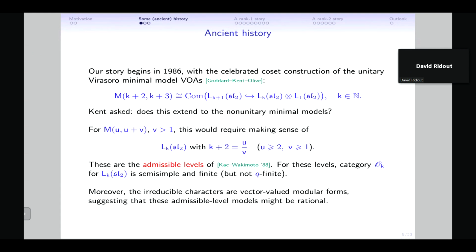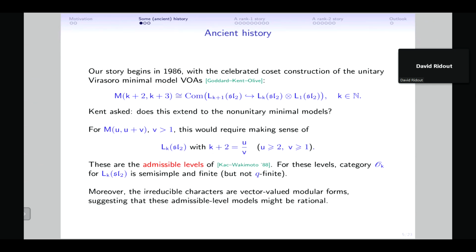So in order to make sense of this, we need to figure out how to generalize this. If you want to get a non-unitary minimal model, which corresponds to having the Virasoro parameters differ by more than one, then you have to make sense of fractional levels.